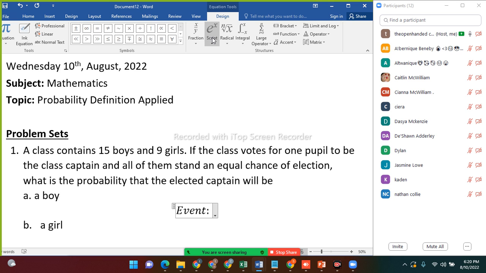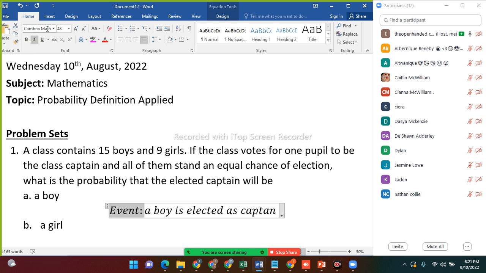That we choose a boy, or we'd say a boy is elected as captain. That's the event E, that a boy is elected as captain.